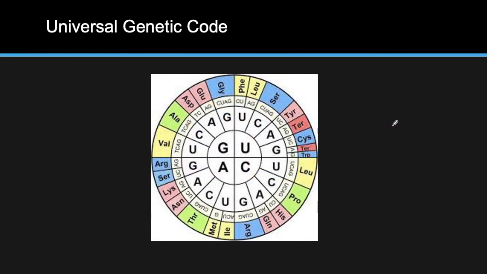Going along with this, we get into the universal genetic code and the different aspects that make all forms of DNA and all cells the same. All organisms in the world have this gene code as their genetic code.